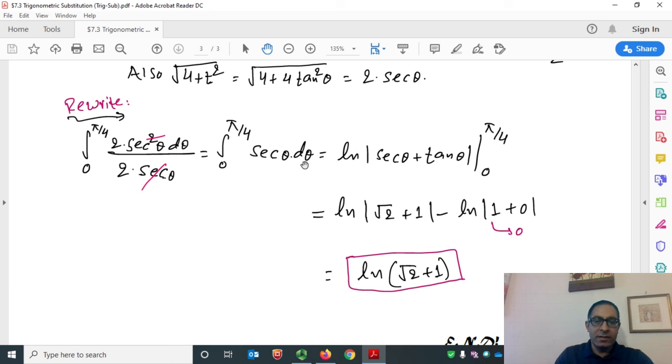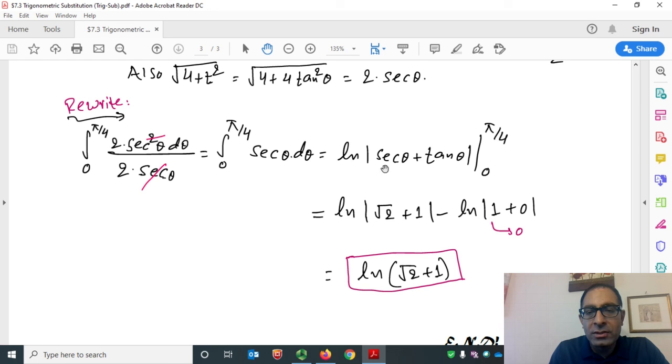Then the integral of secant theta is natural log of secant theta plus tan theta. That's the formula. And limits 0 to pi over 4. Then evaluate this function at theta equals pi over 4, upper limit, minus lower limit, theta equals 0.